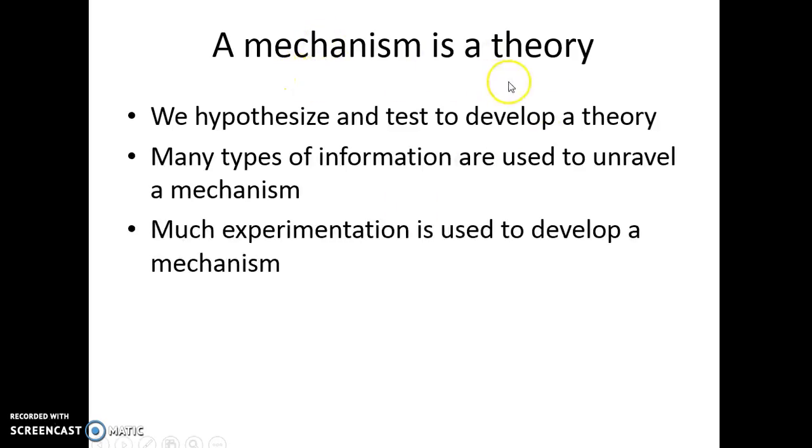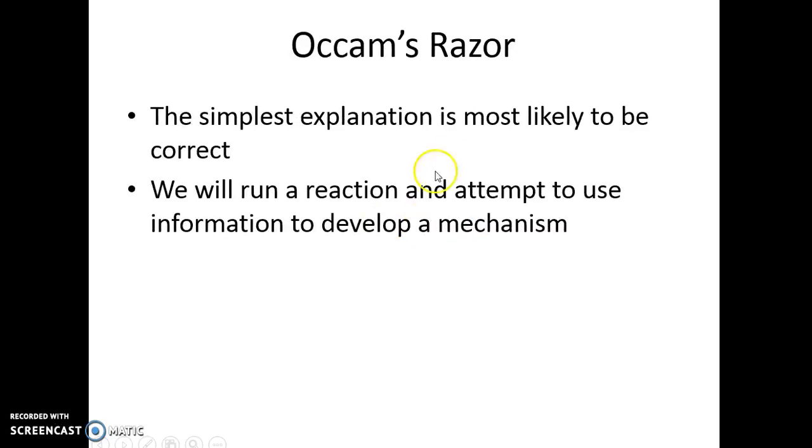A mechanism is really just a theory of what we think is happening. We write it like this is the way it happens, and we usually have a good bit of information that substantiates why we say this, but realize a mechanism really is just a theory. You have to have a lot of experimentation, and then you develop a mechanism that makes sense according to the results of those experiments.